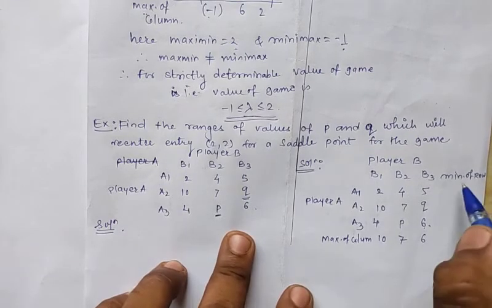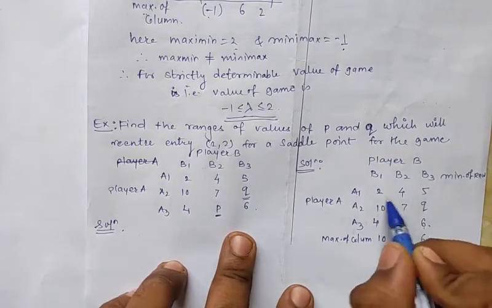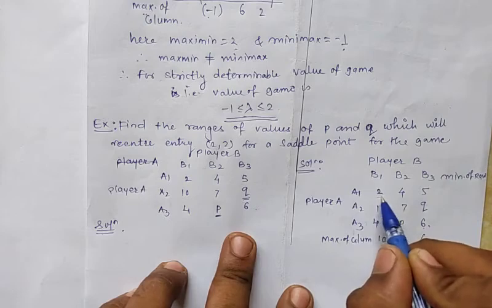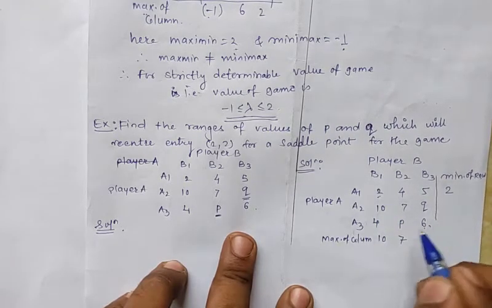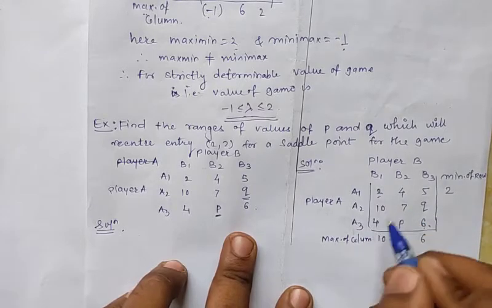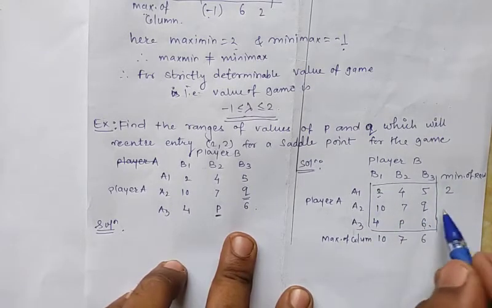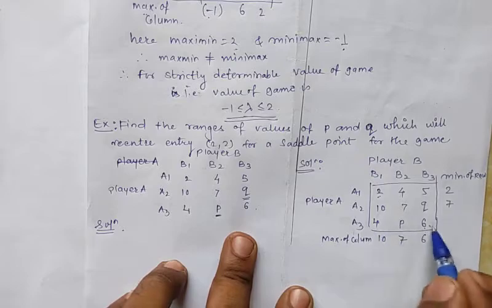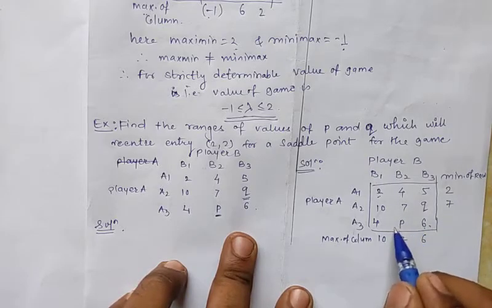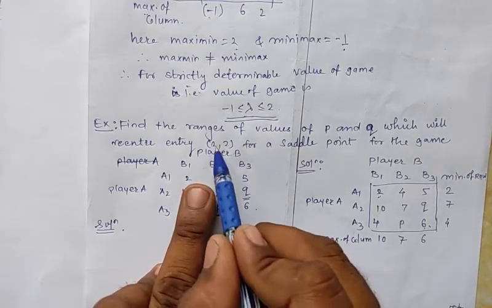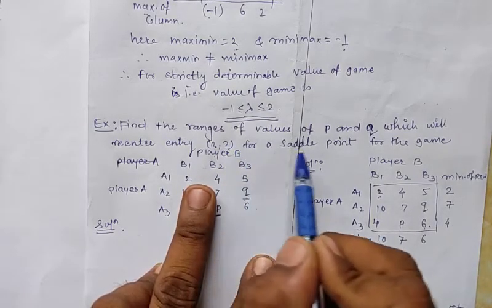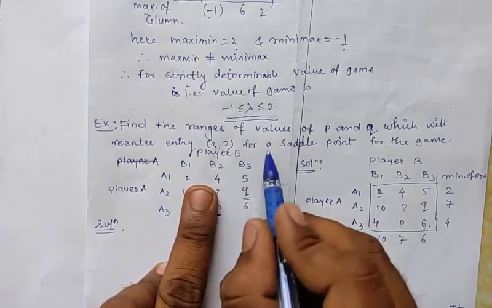Next we find out minimum of row. In this row, minimum of row is 2. Next minimum of this row is 7, and minimum of this third row is again 4. We have been given that the (2,2) entry is the saddle point.